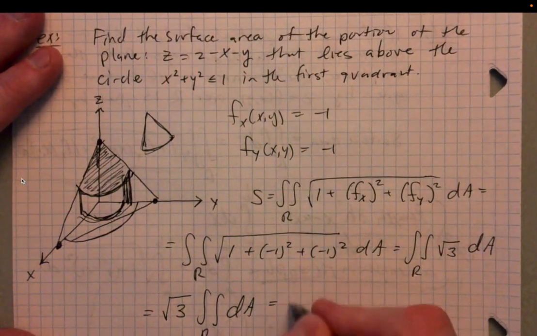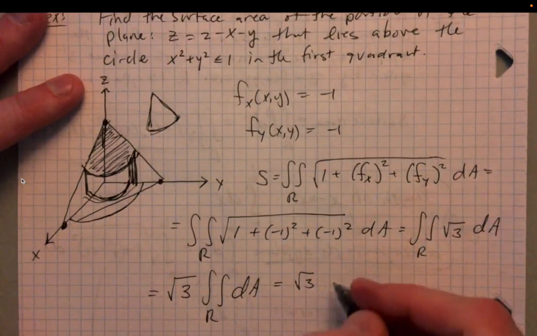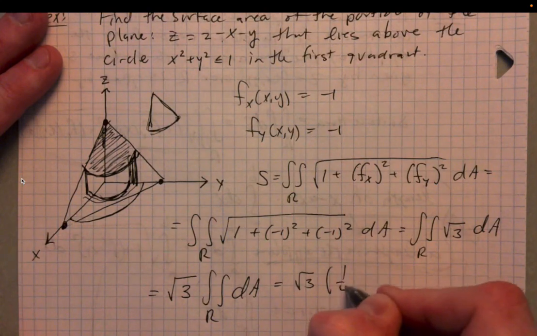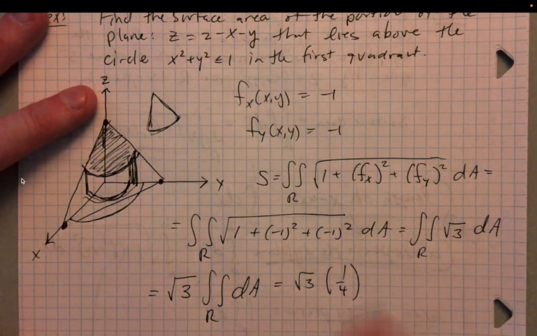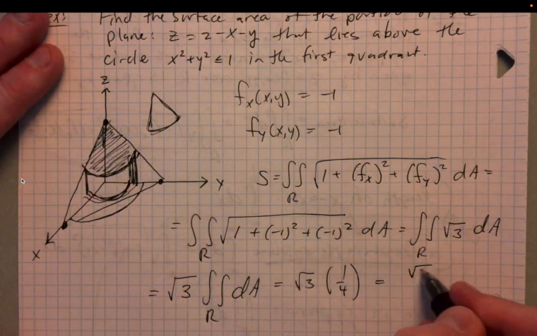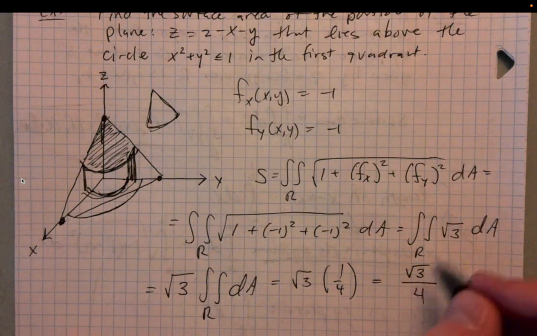So we've got the square root of 3, and then this piece here is just the area of the region, and it's 1/4 of a circle of radius 1, so it has area 1/4. And so the area of the guy on top is the square root of 3 over 4.